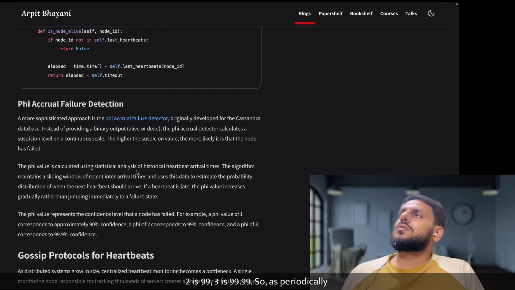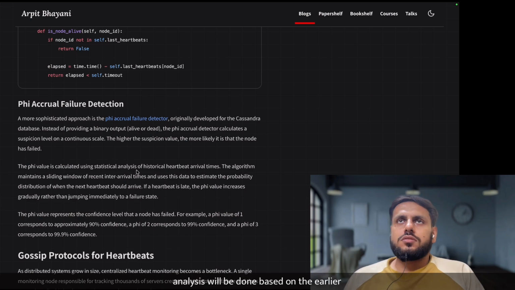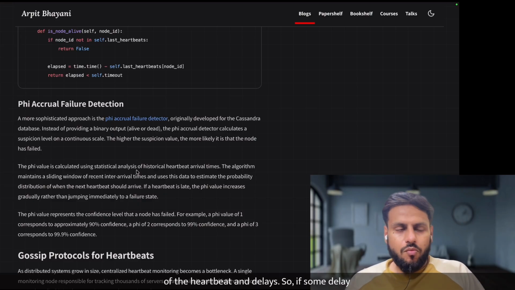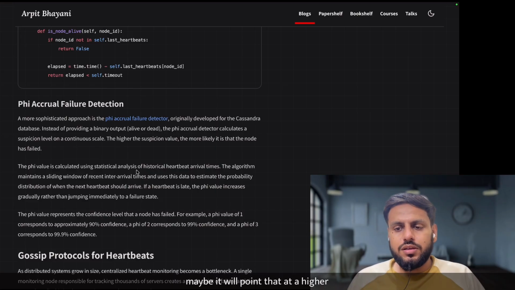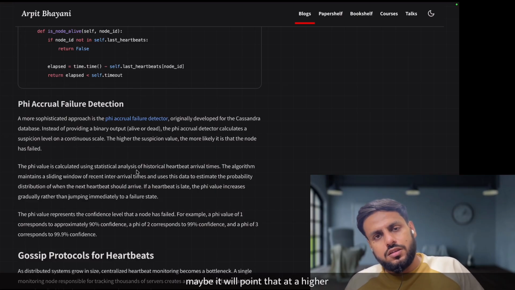So periodic analysis is done based on the earlier heartbeat responses and delays. If some delays from that server have historically proven not to be harmful, it may be assigned a higher confidence.